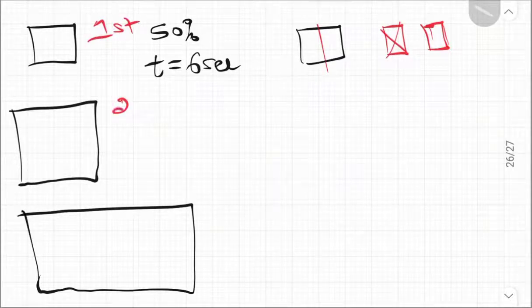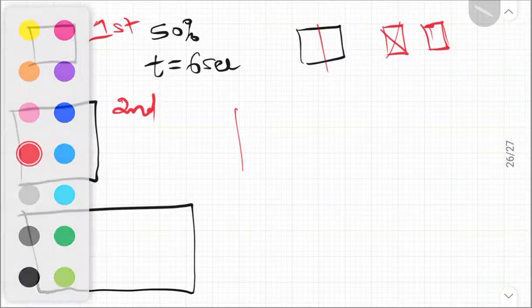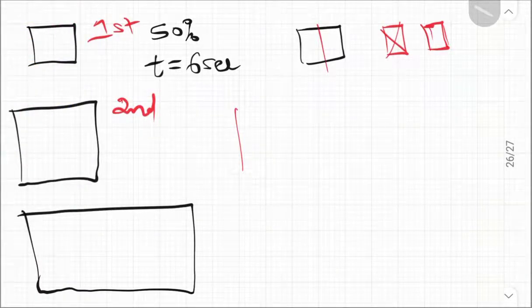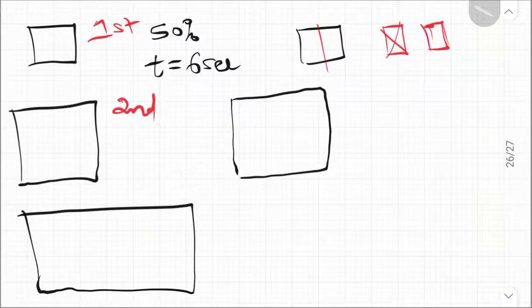Now for the second, all right, of course we still have the same radioactive material. So after time t, 6 seconds, 50% of this would have also decayed. So I'm trying to depict this to be the same, to make sure that we still have the same area with this.